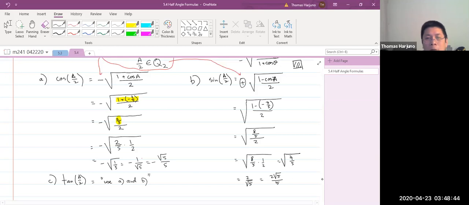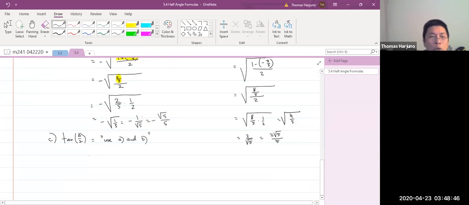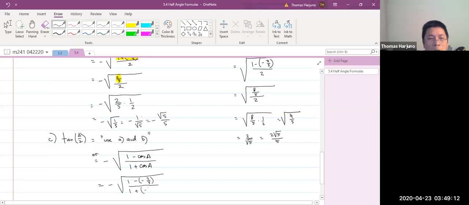Now, however, if you say, you know what, Thomas, I want to use the formula: tangent in quadrant 2 is negative square root of 1 minus cosine A over 1 plus cosine A. 1 minus negative 3/5 over 1 plus negative 3/5.